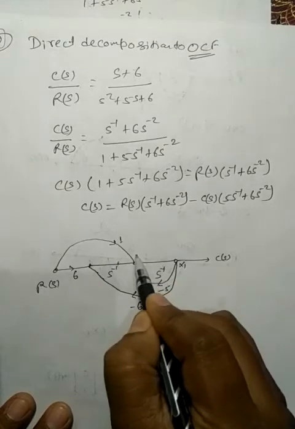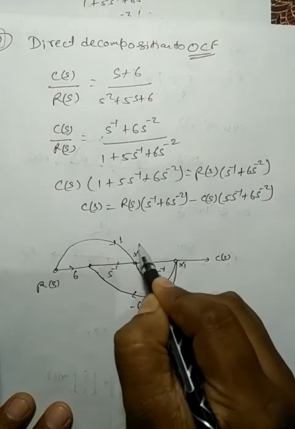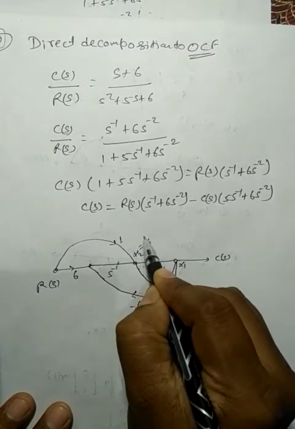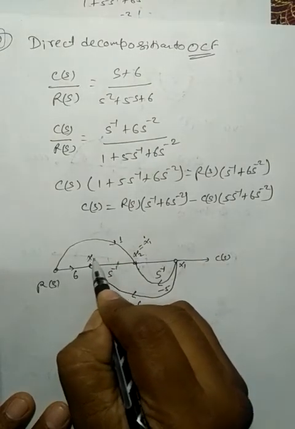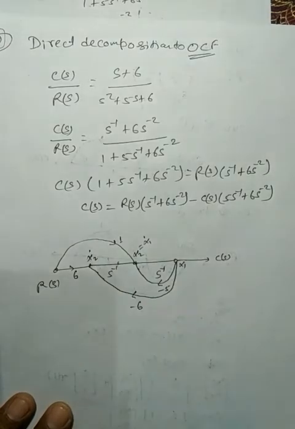And from this state variable diagram, if I am having x1 here, then here I am getting x2, which is equal to x1 dot, and here I am getting x2 dot.